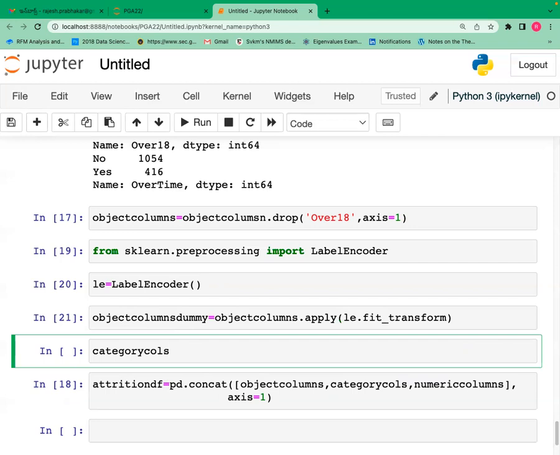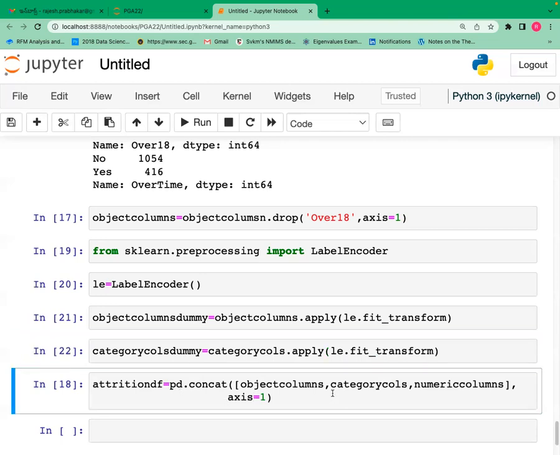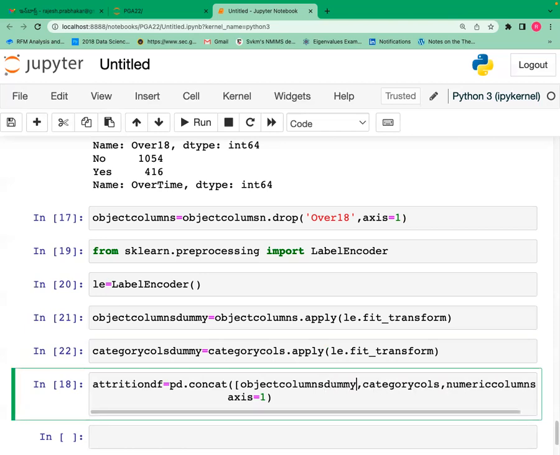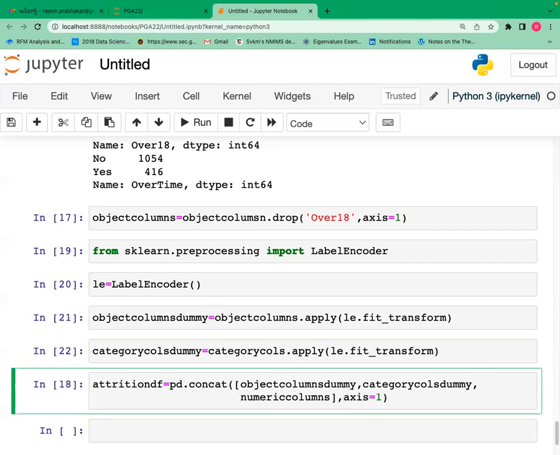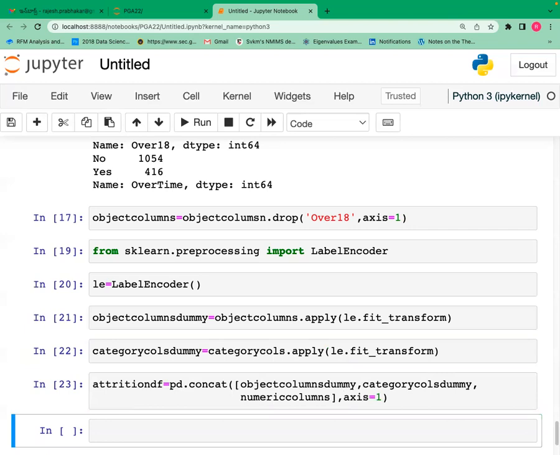Category columns dummy is equal to category columns dot apply LE dot fit underscore transform. Now here we have to use object columns dummy, category columns dummy, then numeric columns, comma, axis is equal to 1.